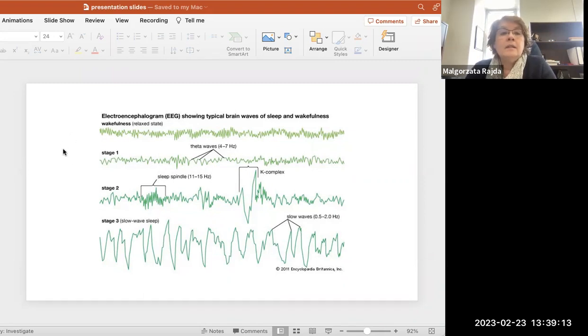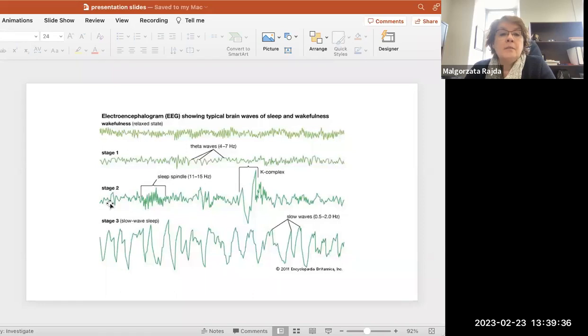And then as sleep approaches, we will see a slowing of the waves, so a lower number of waves per second, such as theta waves that you will see over here. And that corresponds to stage 1, as we are just drifting off and transitioning to sleep.